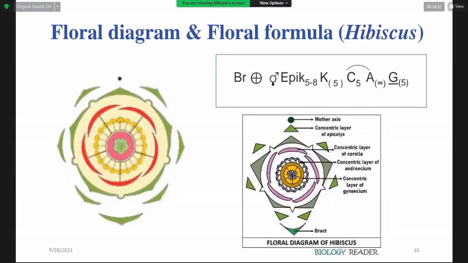Yes, ma'am. Did you understand the floral diagram and formula? Yes, ma'am. Okay.